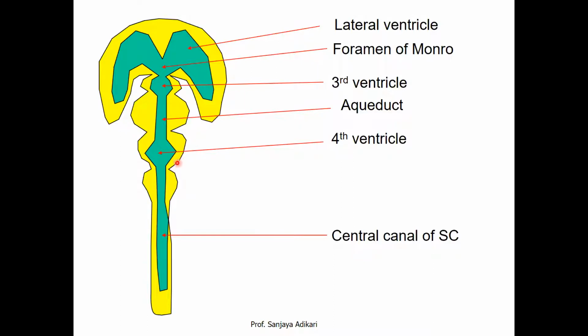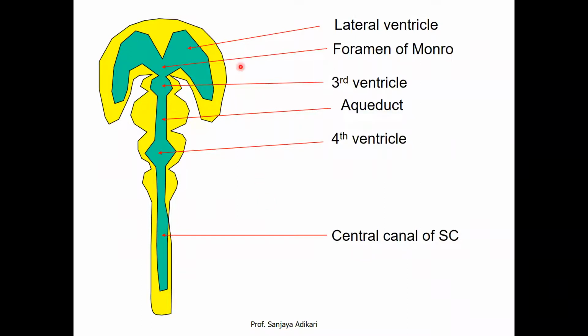Again, the cavity inside the pons, upper medulla, and cerebellum area also expands and gives rise to the fourth ventricle. And then the cavity inside the lower medulla and the spinal cord below that remains without much change as the central canal of the spinal cord. So this is the structure that you actually see when you study the brain. All these things are interconnected, because it's one single cavity that expanded. So the connection will not be lost.